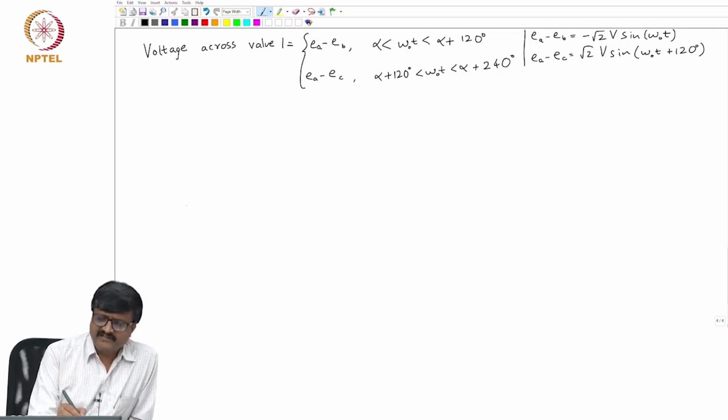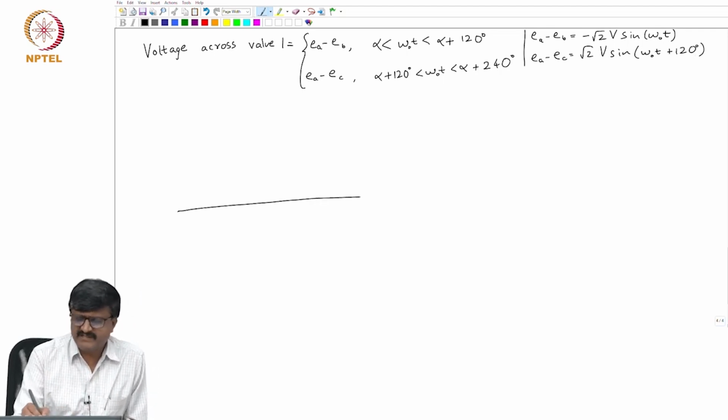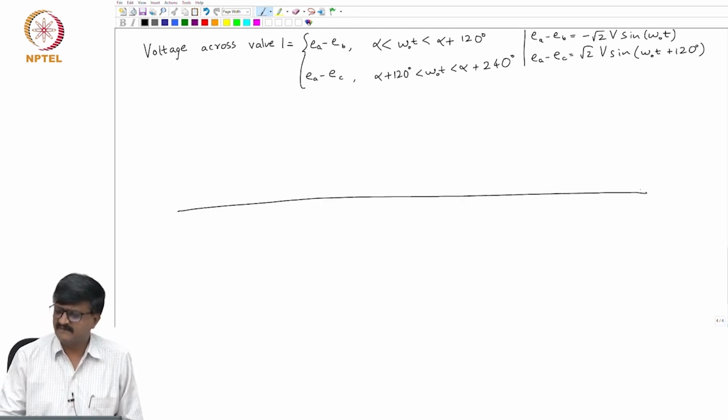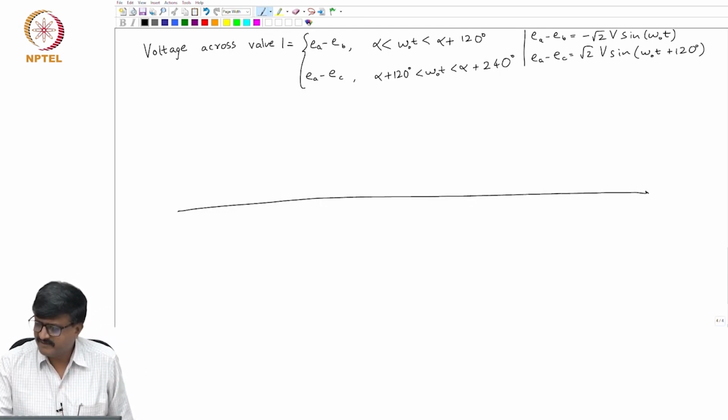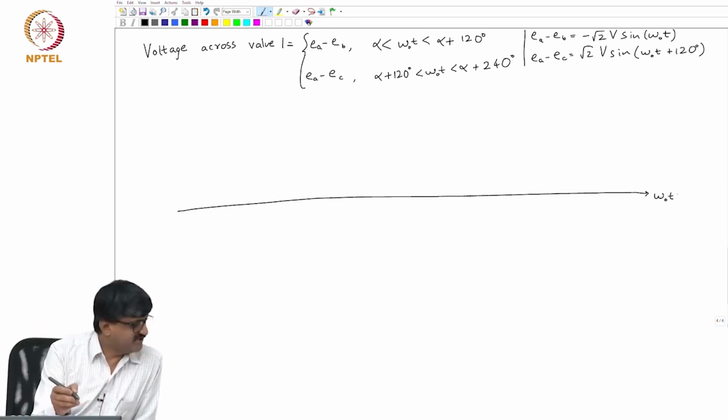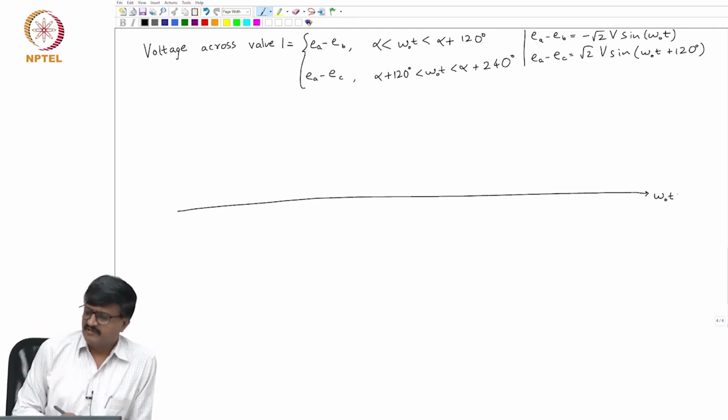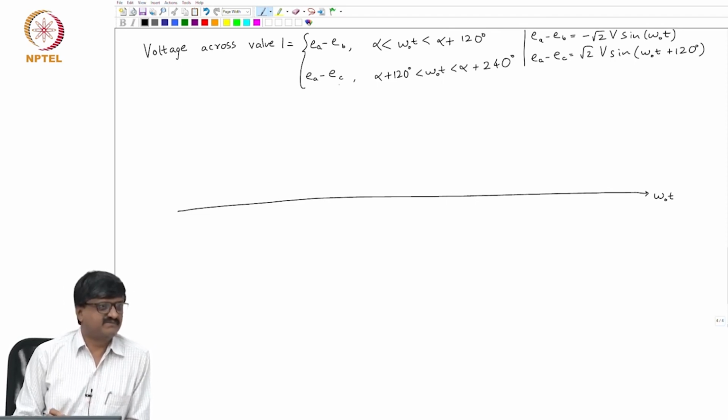Now, let me try to plot the voltage across valve 1. Before that, I will plot EA minus EB and EA minus EC also, so that over that I can plot the voltage across the valve.